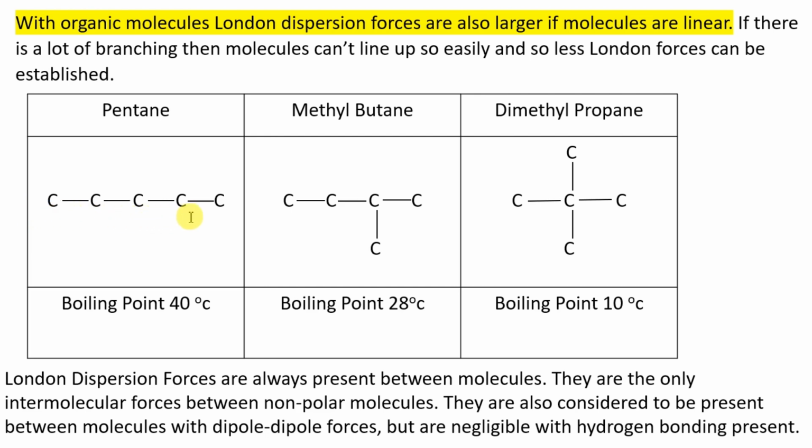Pentane has 5 carbon atoms in a line, linear. I haven't put in the hydrogens, we know they're there. Methylbutane, we have a chain. Dimethylpropane, we have 2 side groups, 2 chains. And I see my boiling point decreasing as the number of side chains increases.